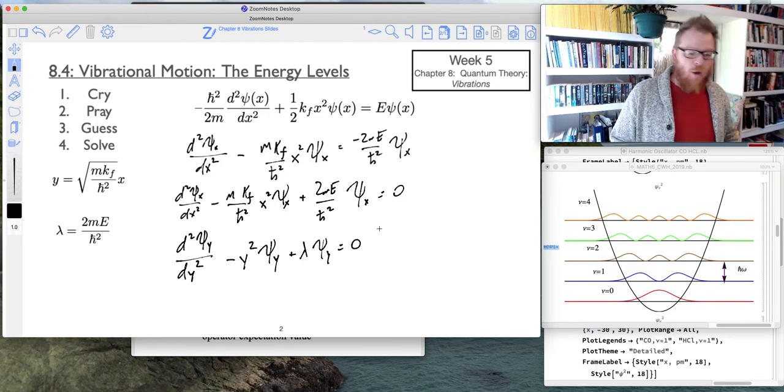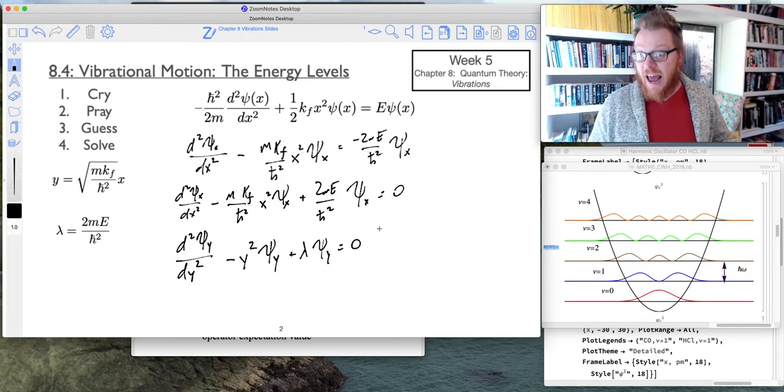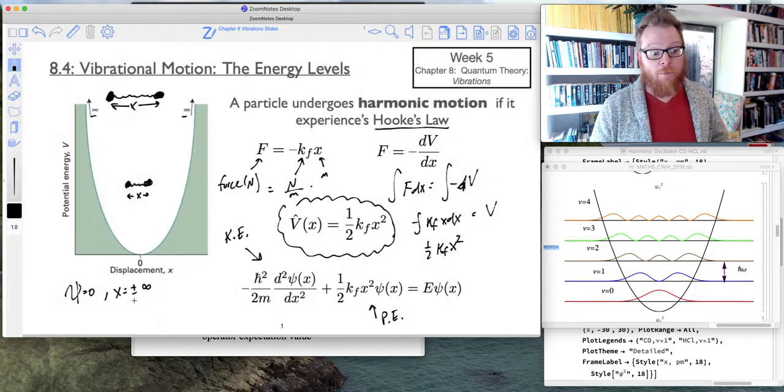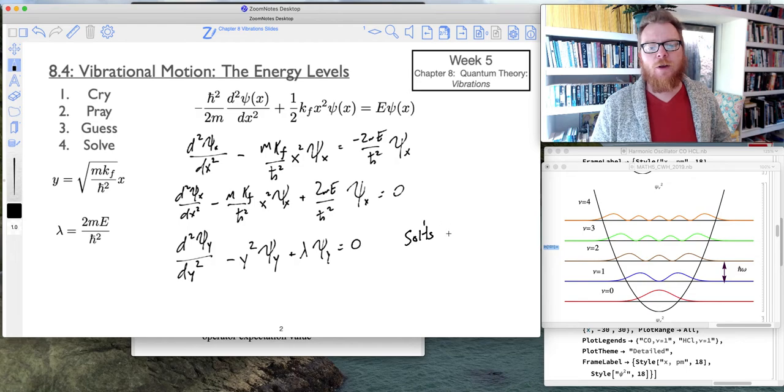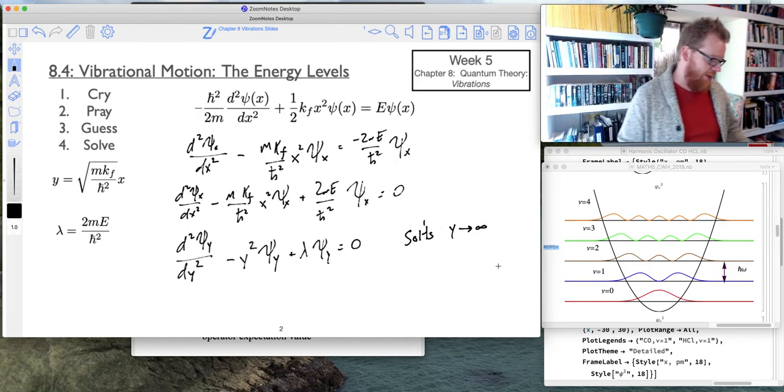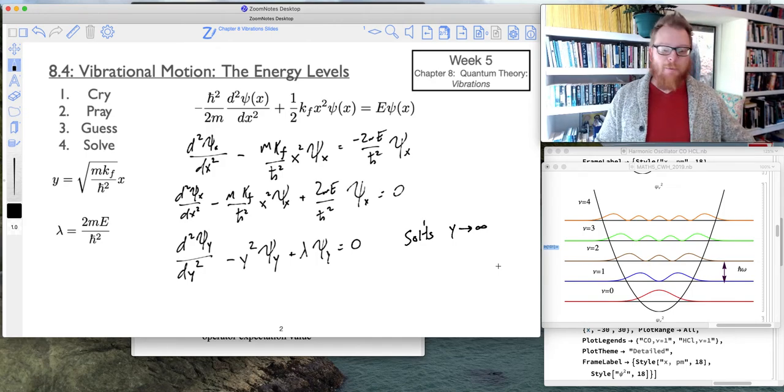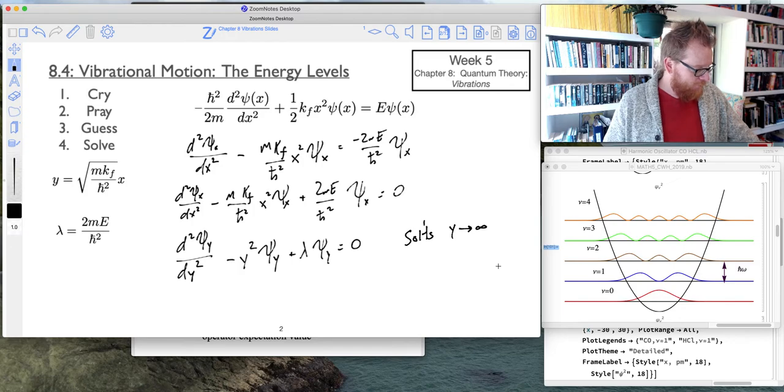Of course, what we also need to build in is that asymptotic relationship we talked about: as x approaches plus or minus infinity, psi approaches 0. So we're going to need solutions for y approaching infinity, which means we need some type of asymptotic relationship.